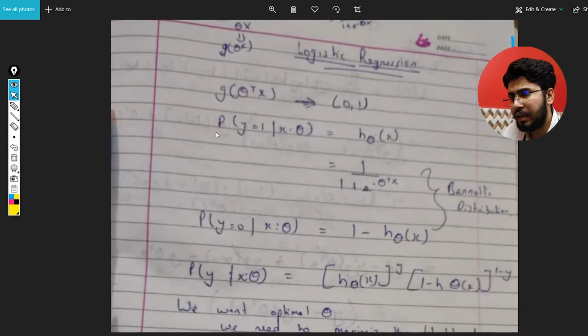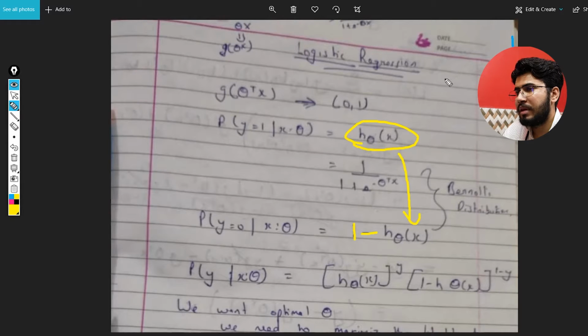Now if you know a little bit about probability, then you will get it very quickly. If this is the case for y equal to 1, then what is going to be the probability when y is equal to 0, with x given with values as theta? It is going to be 1 minus this value, because total probability is always going to be 1.